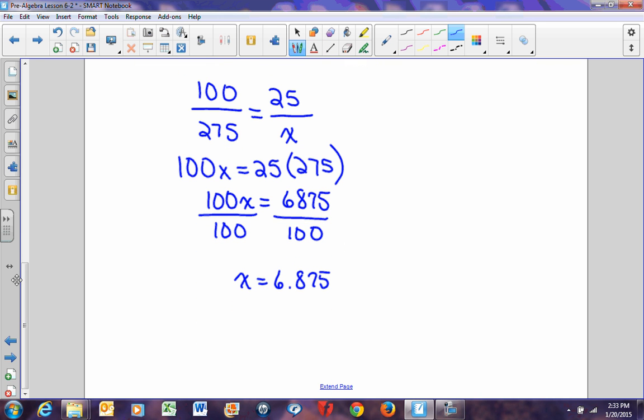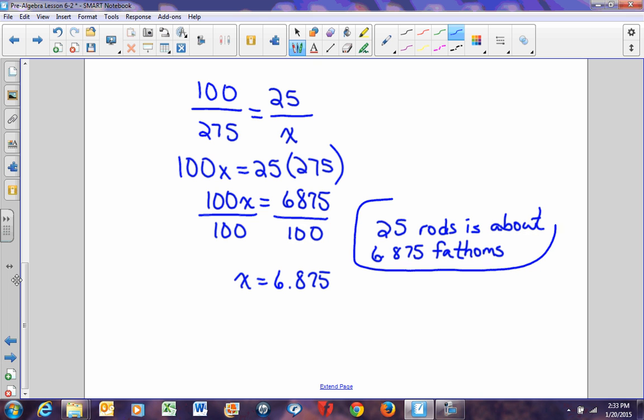Okay, 25 rods is about 6.875 fathoms. And we use the word about because they use the word about in the problem. And there we have it. Decimal point. Not very well. There we go. 6.875 fathoms.